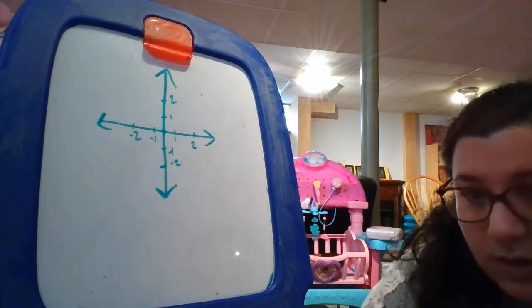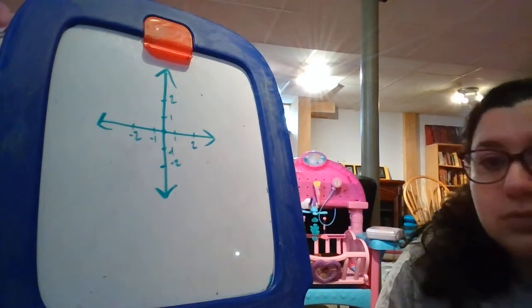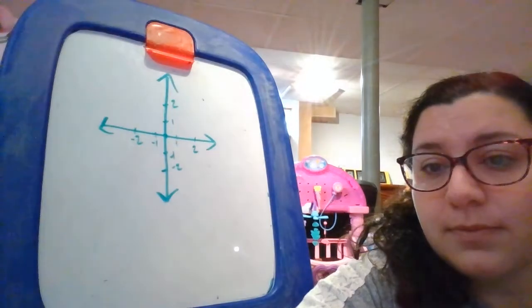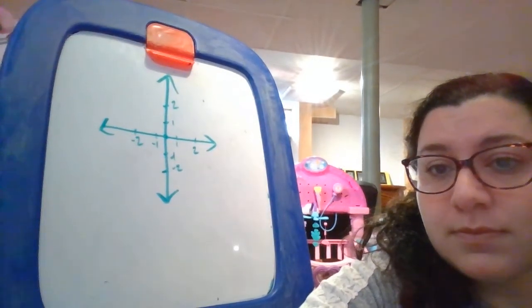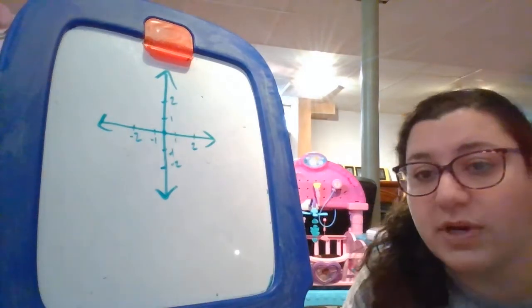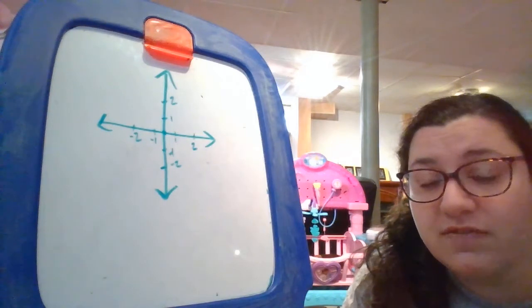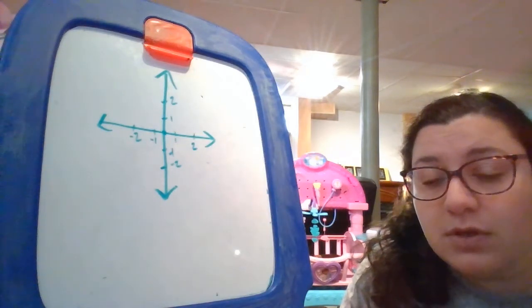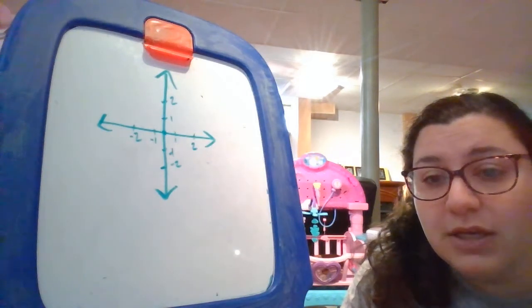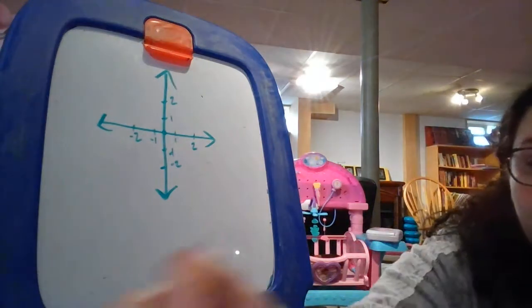Okay. Number 2. Identify the coordinates of the point shown below. So you have a picture of a coordinate plane. You have your coordinates plotted, and you see that little blue dot.